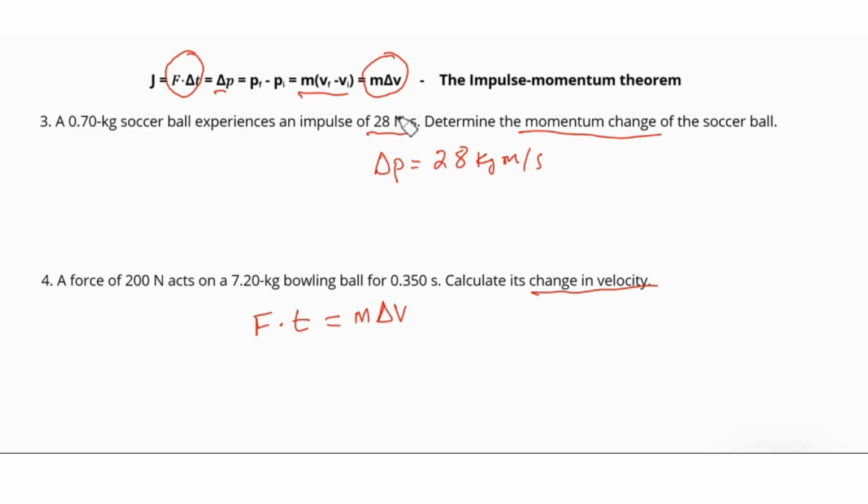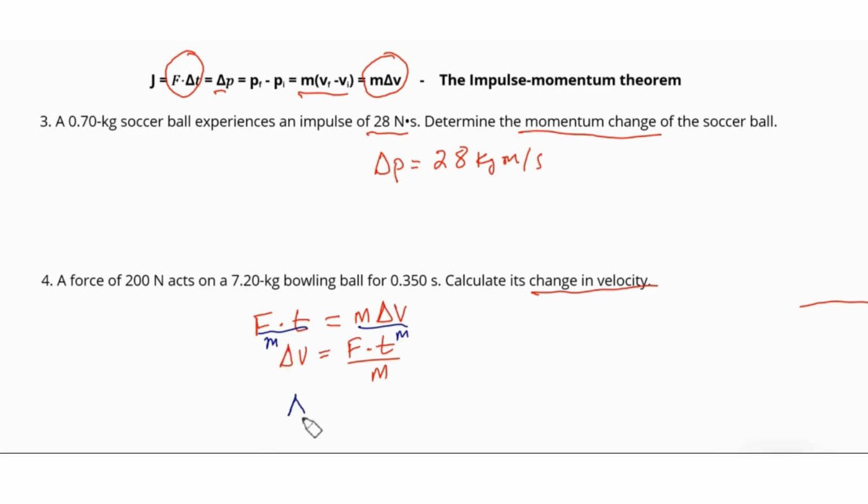They're asking for the change in velocity, and that's sitting right there. And so my delta V would just be force times time divided by mass.